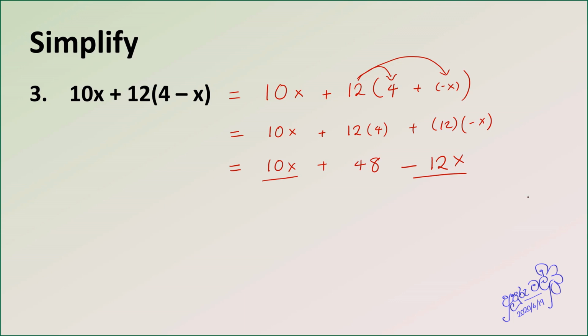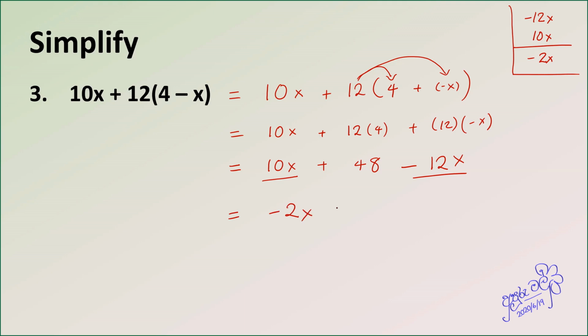So to simplify that bit, what I can do, I will first write the bigger number with its sign, and then below that the smaller number. And since they have different signs, I should subtract. 12 minus 10 is 2, but since the 12 has the minus, it should be minus 2x.